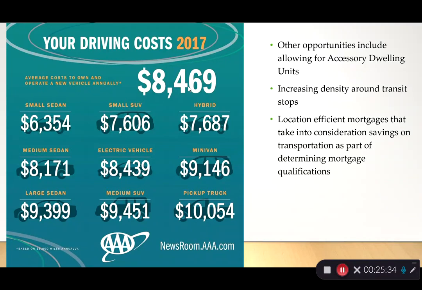So by taking into account, I'm buying a home in proximity to a transit stop, therefore I won't have to own a car, or maybe my two income family can own one car, and my spouse will drive to work and I will take transit to work. That money you're saving by not owning a second car or not owning a car at all could be calculated into your mortgage so that you could qualify for that house near the transit stop. Hope that makes sense.